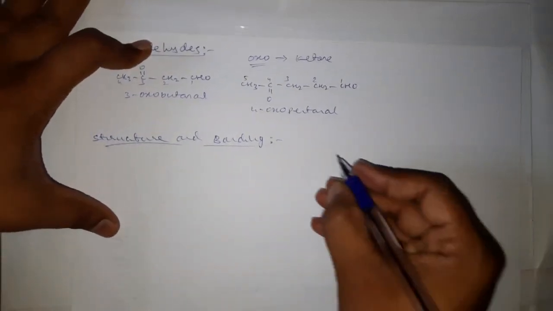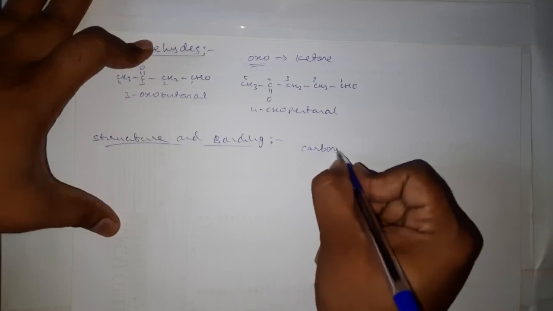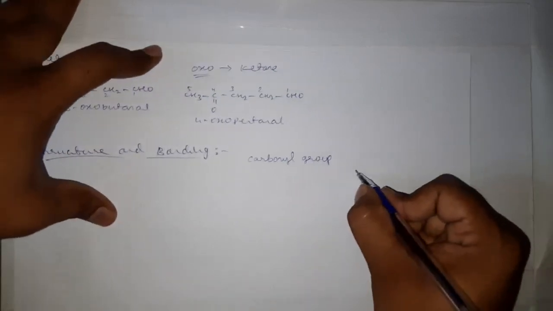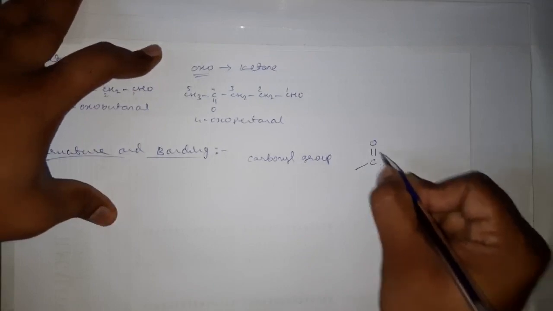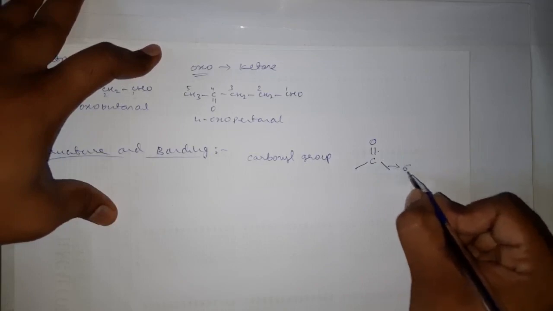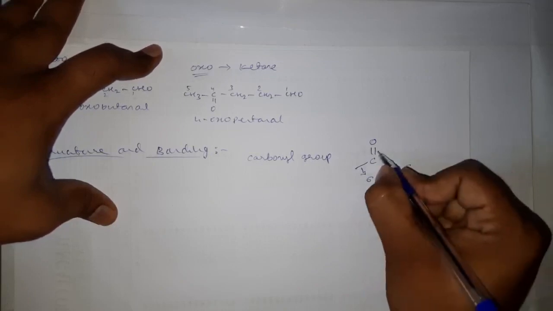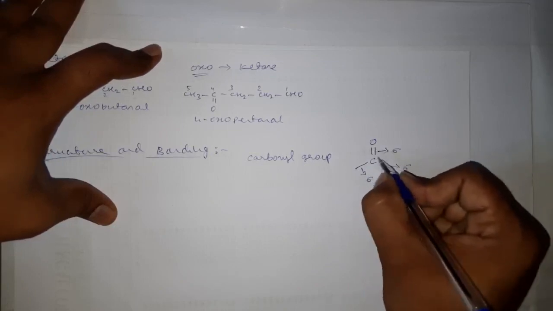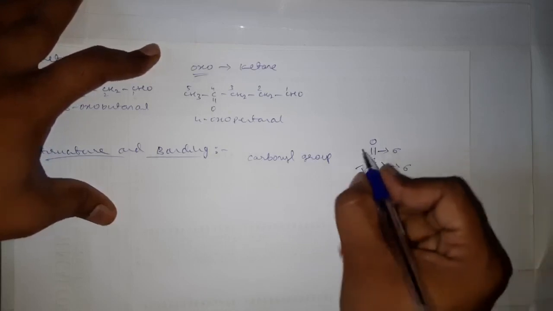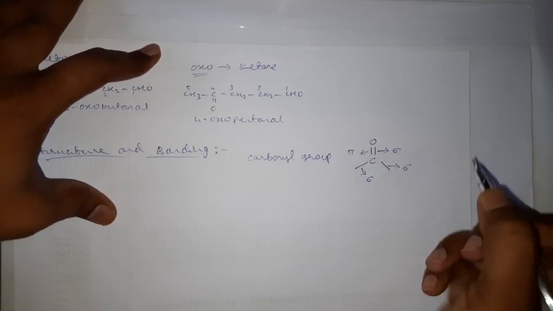See, the carbonyl group is what, which is having the structure of this one. Okay, and here this is sigma, this one is also sigma, and here this double bond between carbon and oxygen is containing 1 sigma and 1 pi bond.